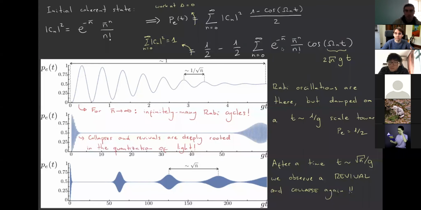And also from physical arguments, together with some more math, how to find the revivals, make sense of the revivals, both mathematically and physically, and again of the collapses and the periodicity of this process and so on.